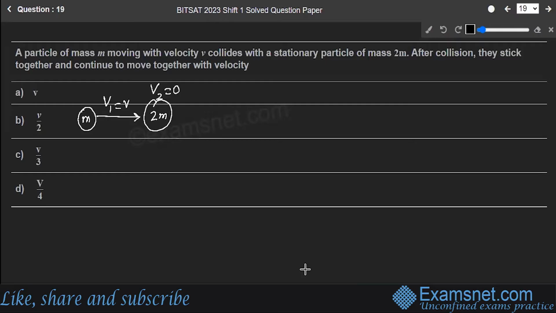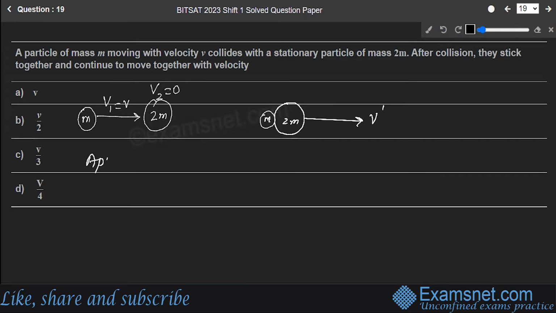That means its velocity is equal to 0. After collision, they stick together, so this is the mass m and this is the mass 2m. Now they are moving with some velocity v dash.